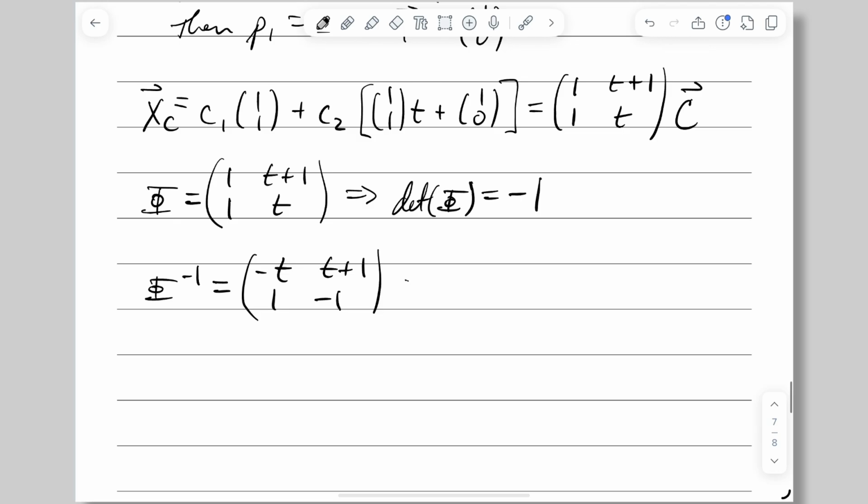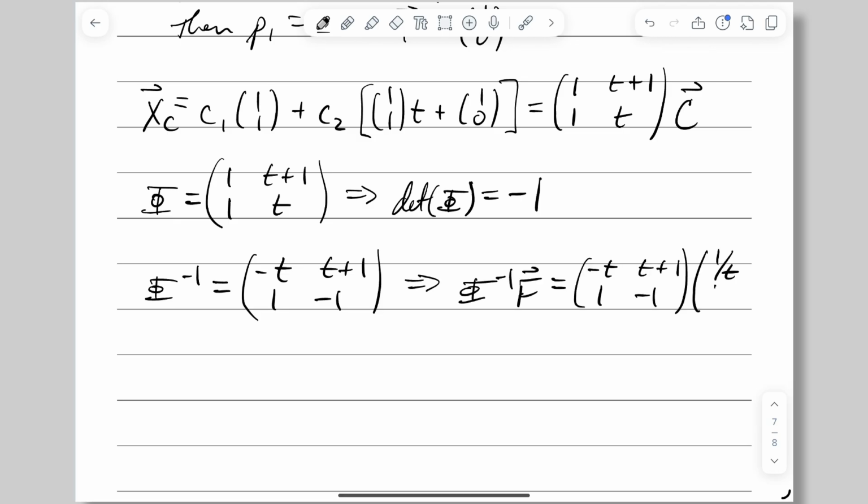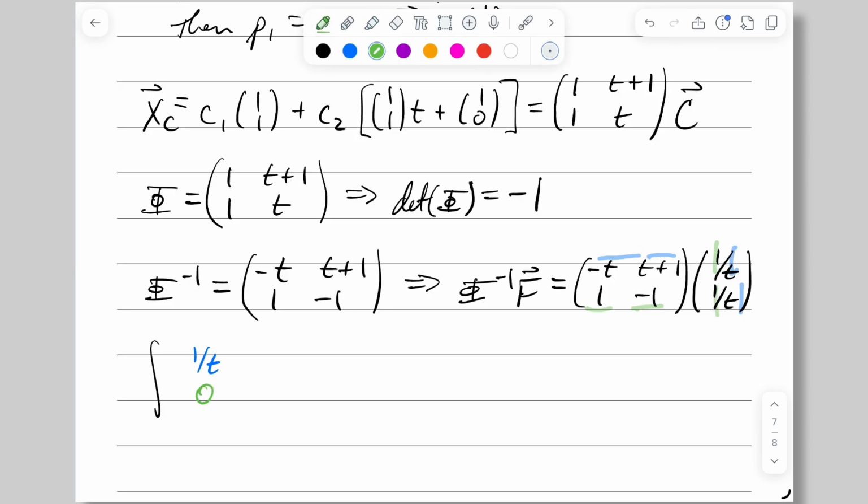We need phi inverse times f. And remember, f is 1 over t, 1 over t. So what we'll end up putting into the integral is negative t times 1 over t plus t minus 1 times 1 over t. That boils down to 1 over t. 1 times 1 over t minus 1 times 1 over t thankfully gives us 0.